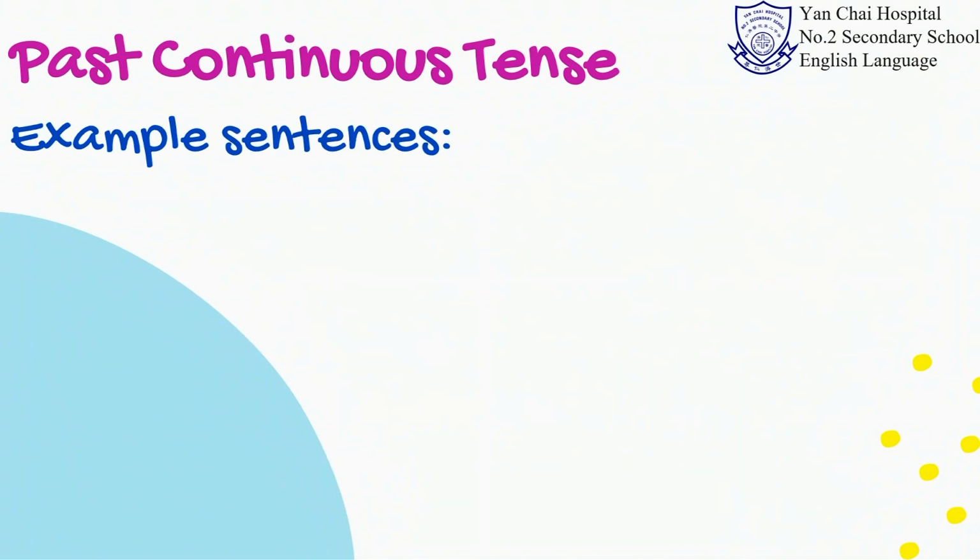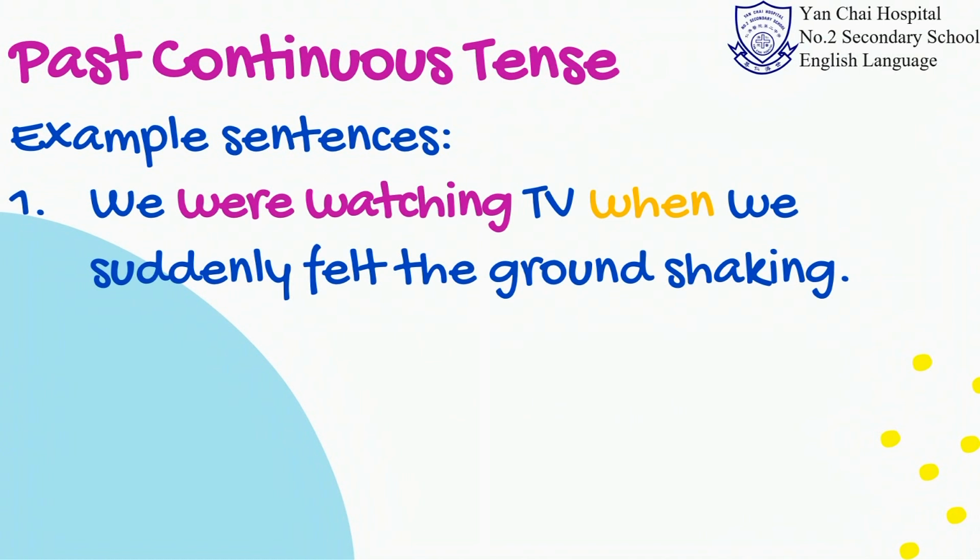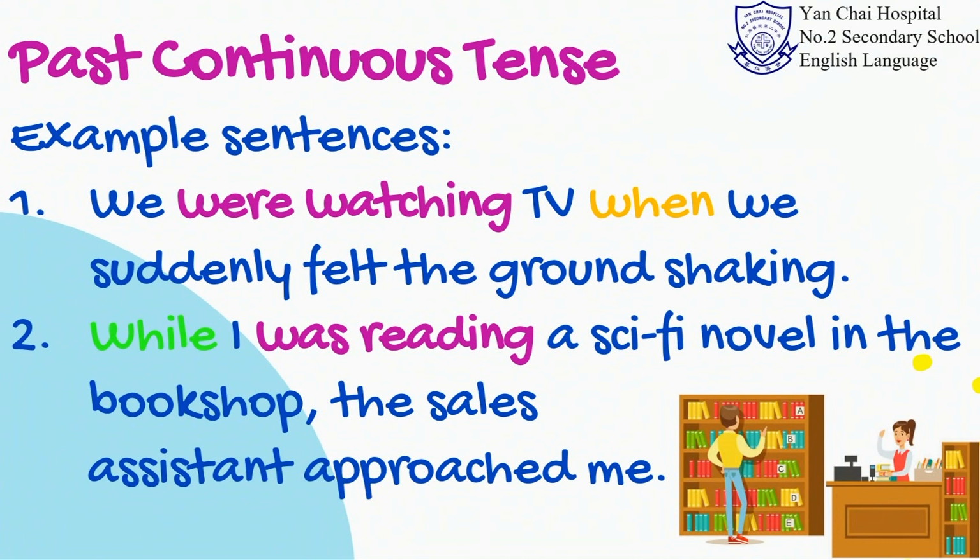Example sentences. Number 1. We were watching TV when we suddenly felt the ground shaking. Number 2. While I was reading a sci-fi novel in the bookshop, the sales assistant approached me.